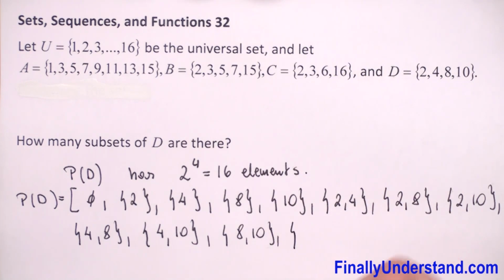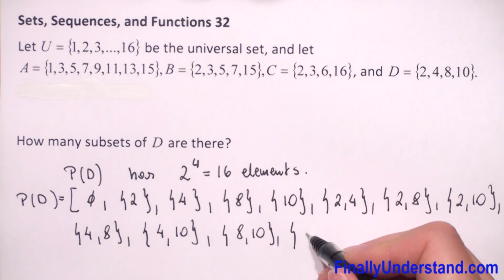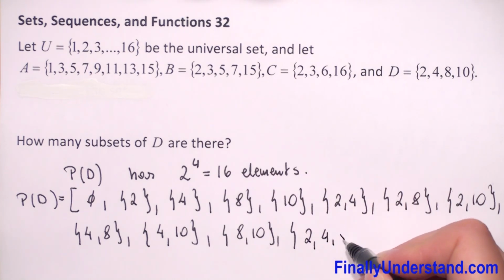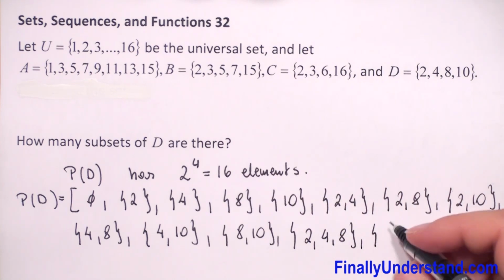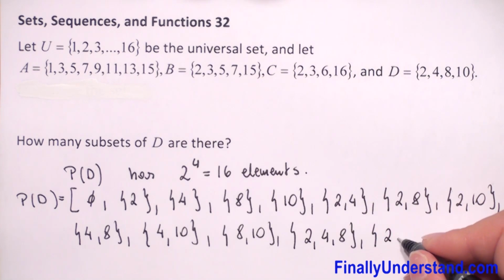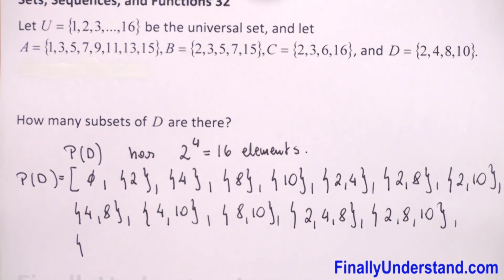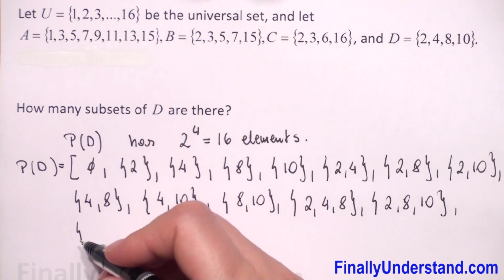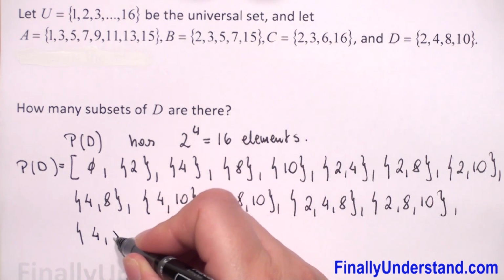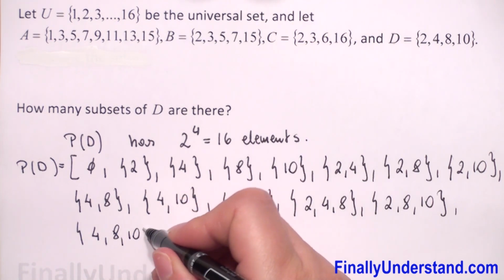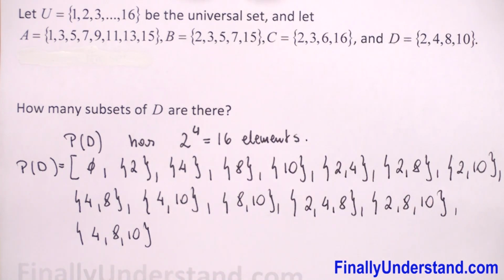Now we have 1 element, 2 elements, so now will be 3. So it can be 2, 4 and 8, and 2, 8 and 10. Next will be 4, 8, 10, and I forgot about 2.